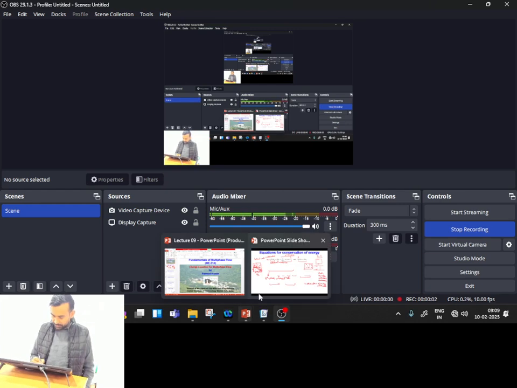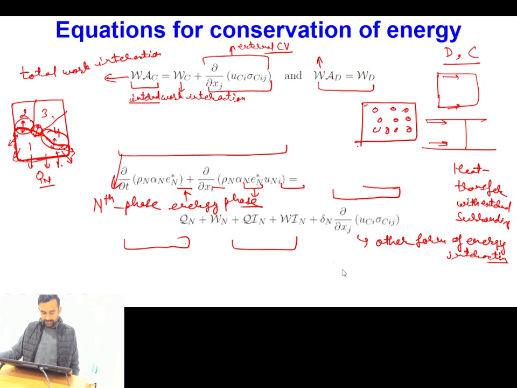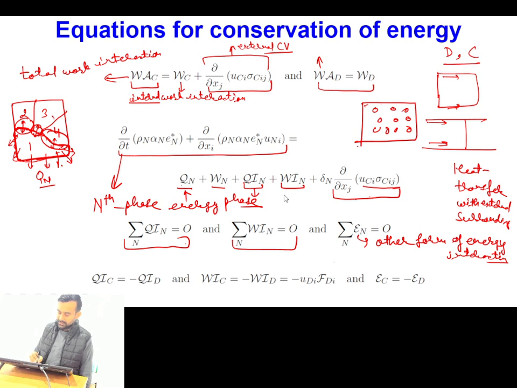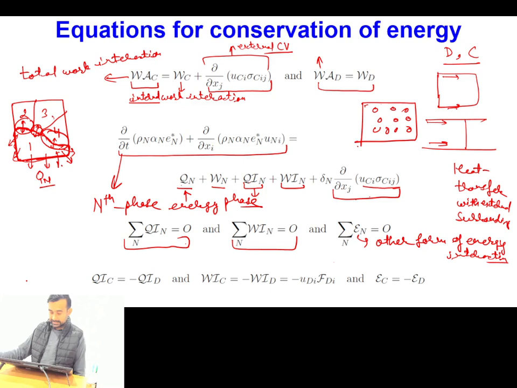Okay, good morning. So, we have been discussing the energy equation in the previous lecture. We found that this is nothing but the nth phase or individual phase energy equation. Okay, and in this individual phase energy equation, this is for a particular nth phase.